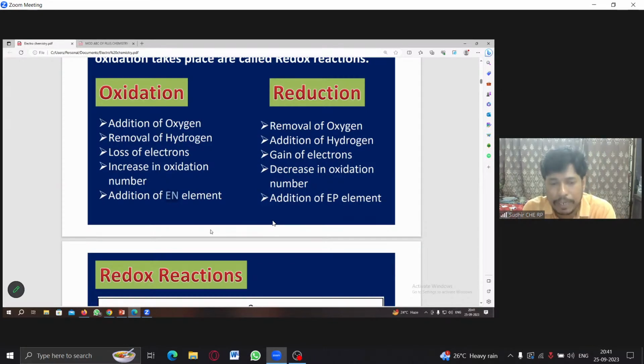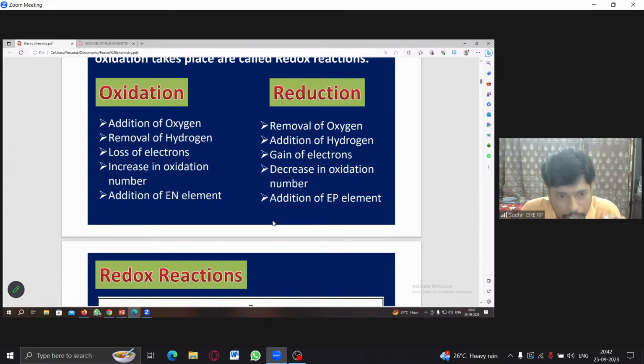So whenever an element has a tendency to gain electrons, we take that property as electronegative character. Because of gain of electrons, the neutral atom is converted into a negatively charged ion. That's why we treat those elements as electronegative elements.